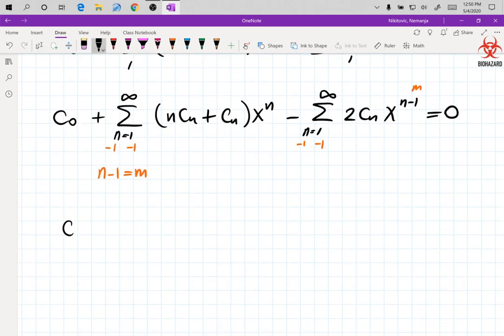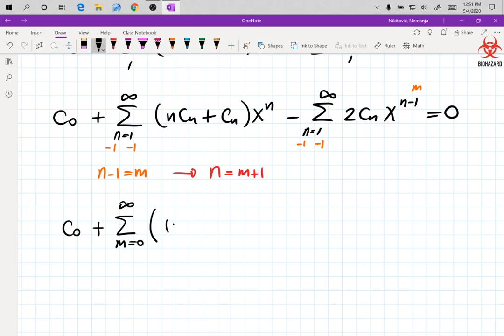So I have C0 plus summation m equals 0 to infinity, and now every n becomes m plus 1.